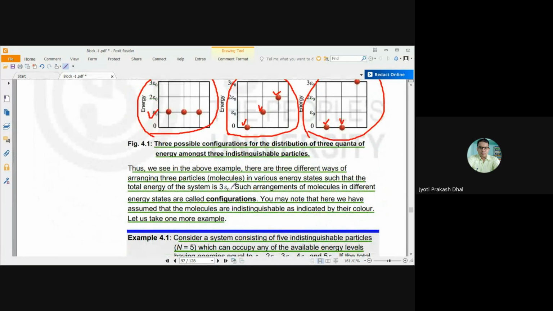Thus, we see in the above example, there are 3 different ways of arranging 3 particles or molecules in various energy states such that the total energy of the system will become 3 quanta, that is 3 epsilon 0. Such arrangements of the molecules in different energy states are called configurations.